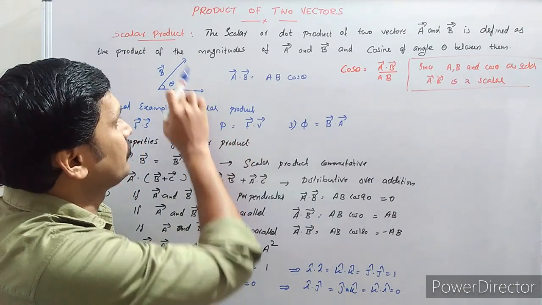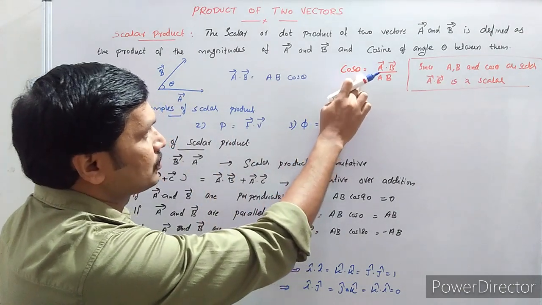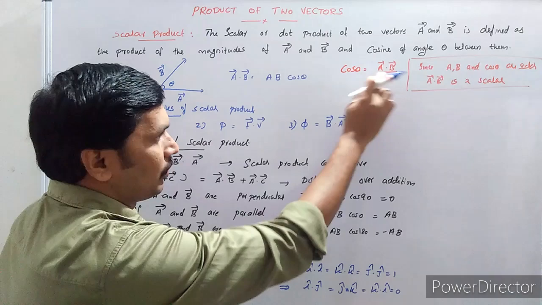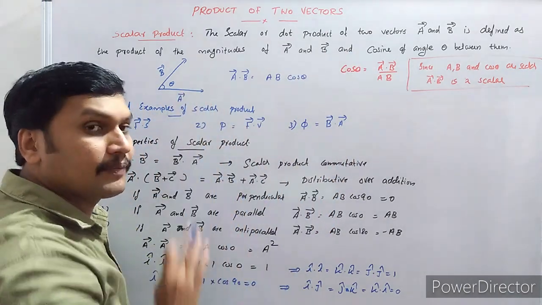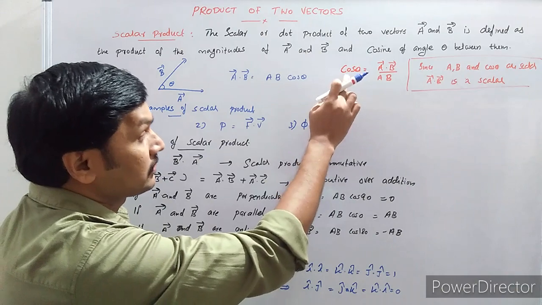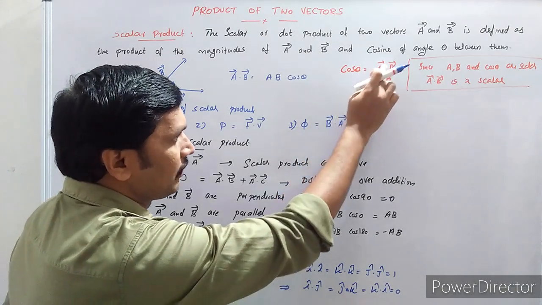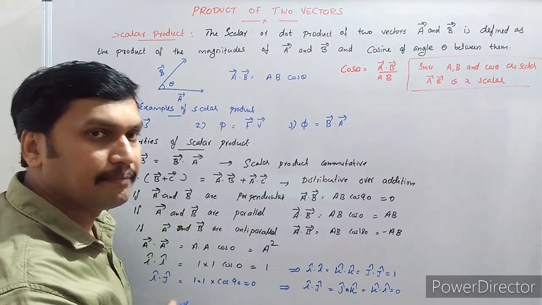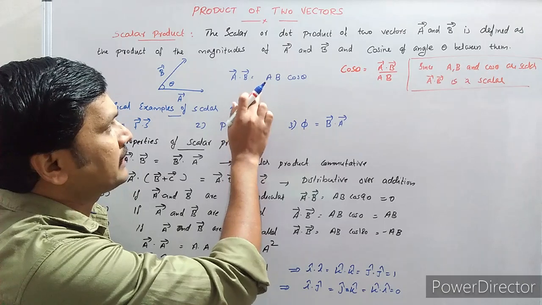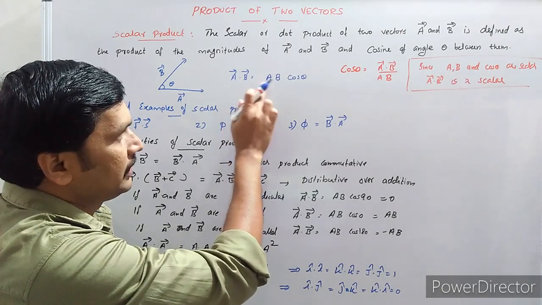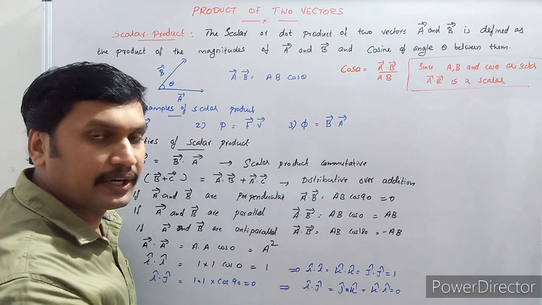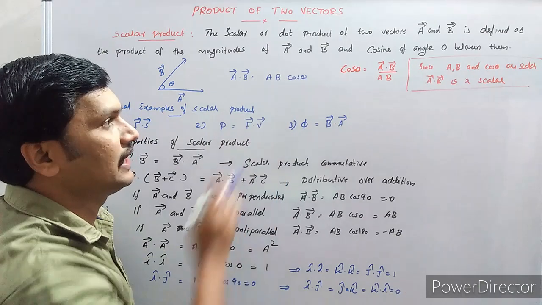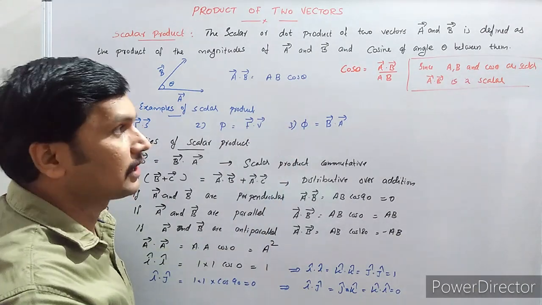So cos of the angle between these two vectors can be written as cos theta is equal to A dot B divided by AB, where A and B are the magnitudes of A and B, and theta is the angle between A and B. And we know that in this product A dot B, A and B are actually scalar quantities because they are the magnitudes of vectors A and B. Cos theta is also a scalar quantity.